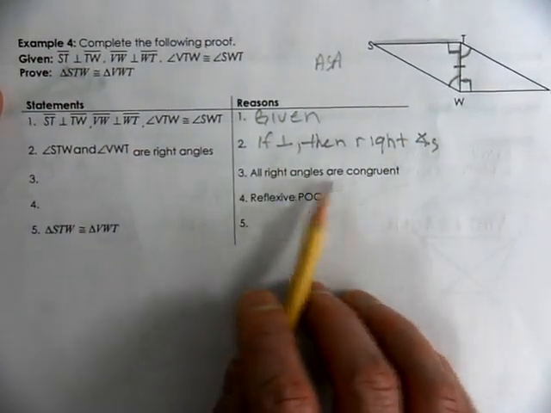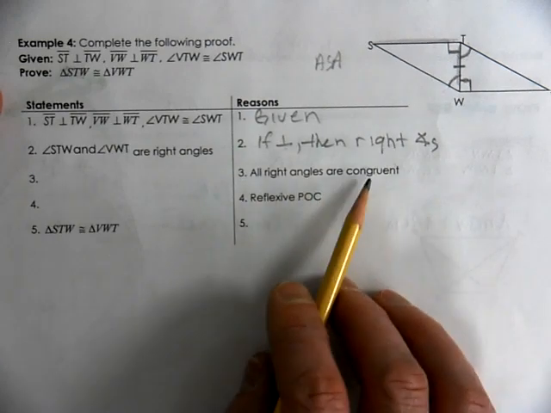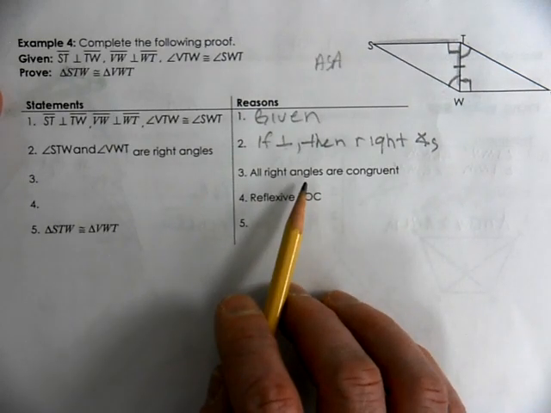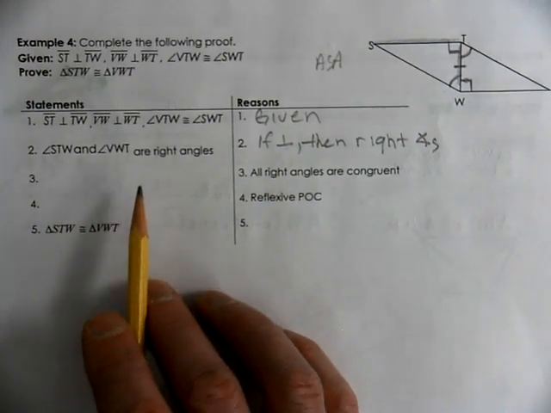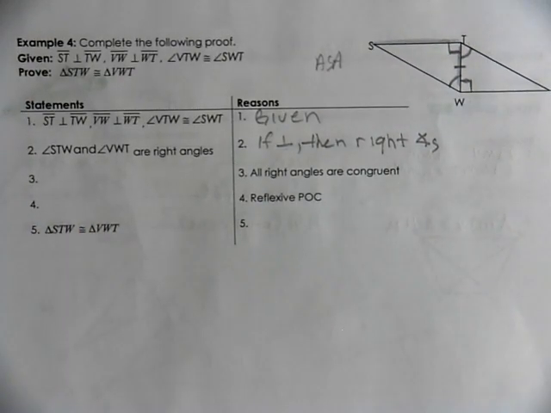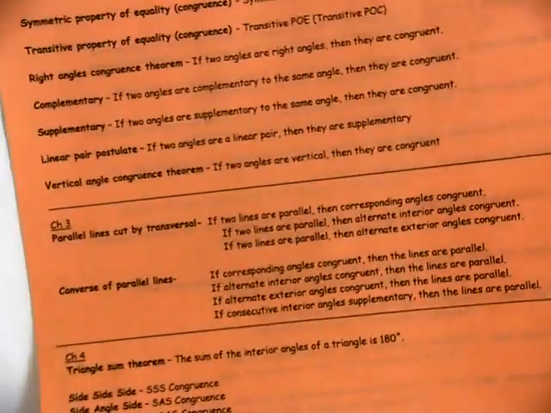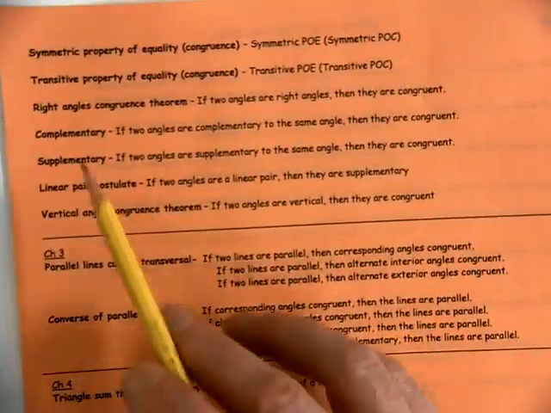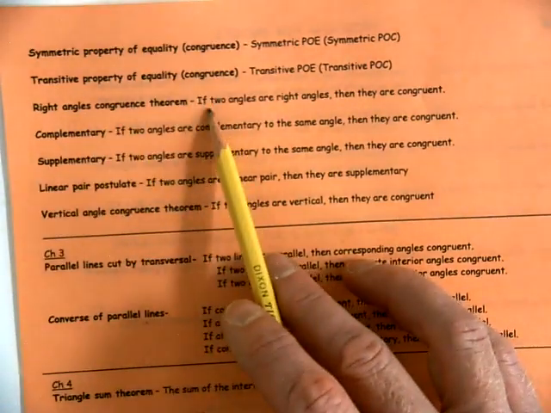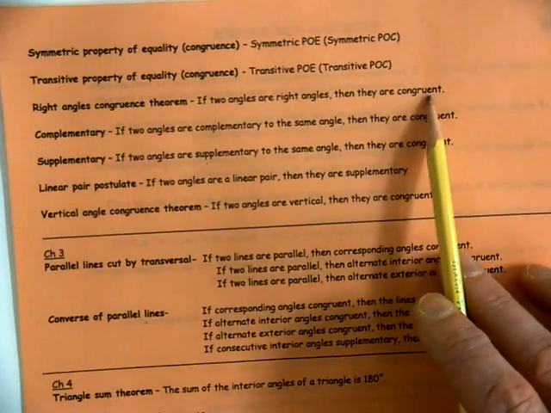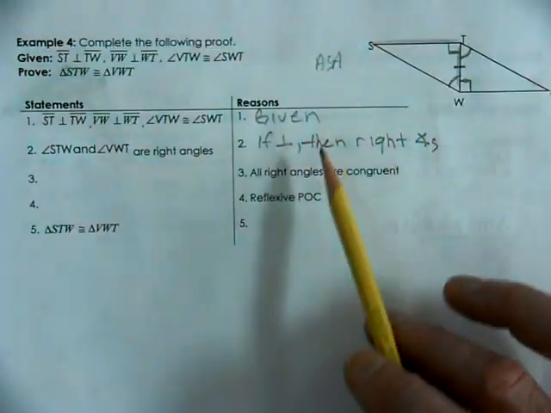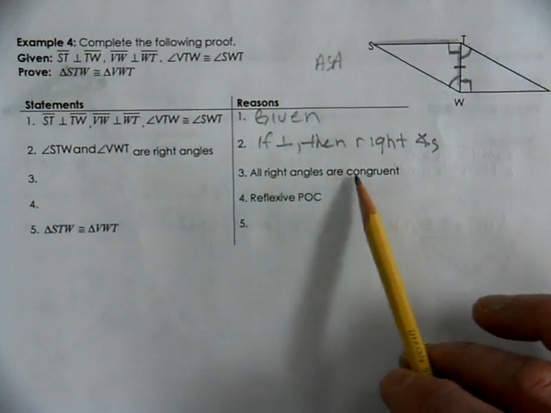Now, what's this trying to tell us? What's it expecting over here? Looking on our sheet, if 2 angles are right angles, then they are congruent. That's what they're trying to tell us here. Right angles are congruent.